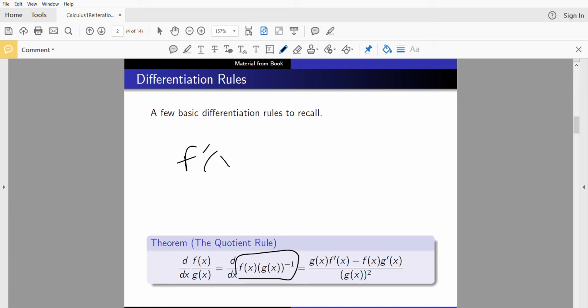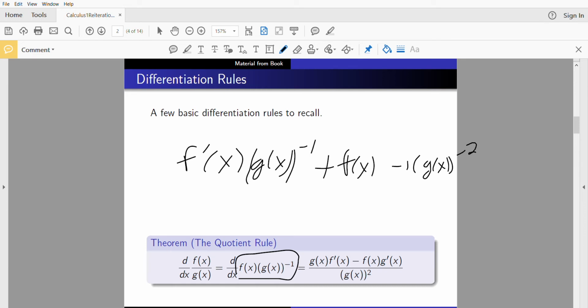So I get f prime g of x to the minus 1 plus f, I leave that alone, and now I differentiate the g, but the g is the inside function, the minus 1 power is the outside function. So that's really like minus 1 with g of x plugged in to the minus 2. Since you differentiate, that minus 1 power comes in front, you subtract 1 from it. And then you multiply that by g prime of x.